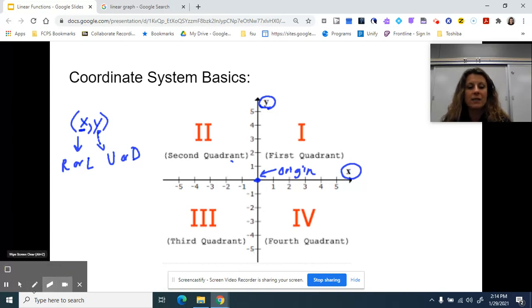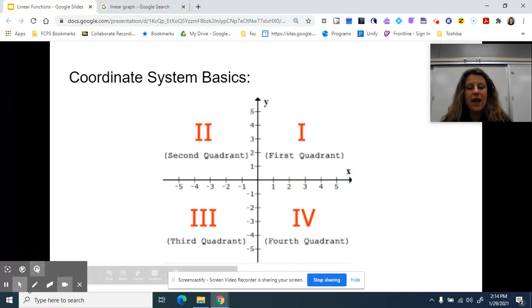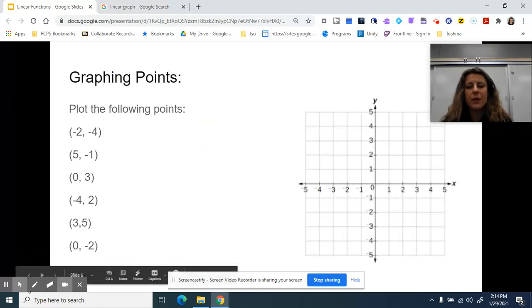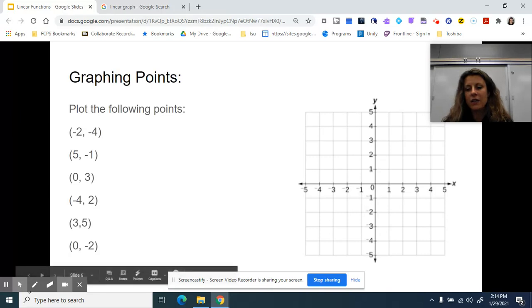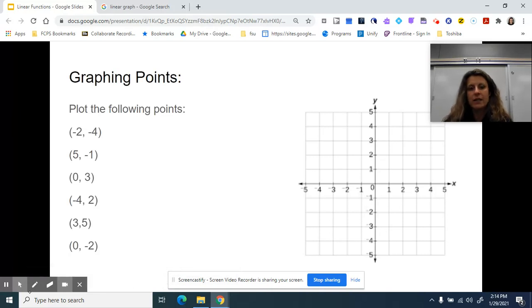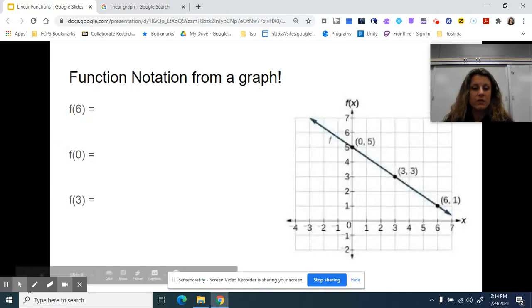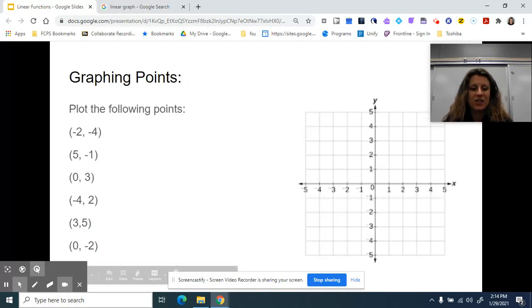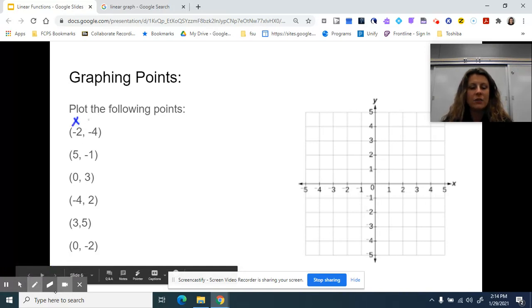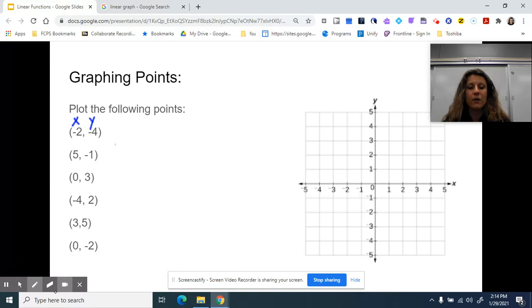Okay, we're just going to practice plotting some points. Here's my coordinate system. I just went 5 in each direction, so -5 to 5 for x's and -5 to 5 for y's. If we plot this first point, we want an x value of -2 and a y value of -4.